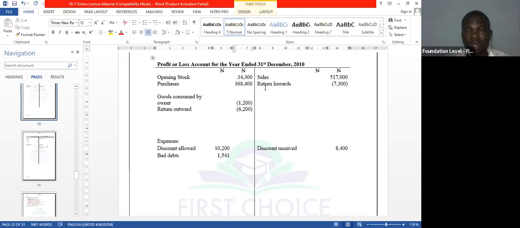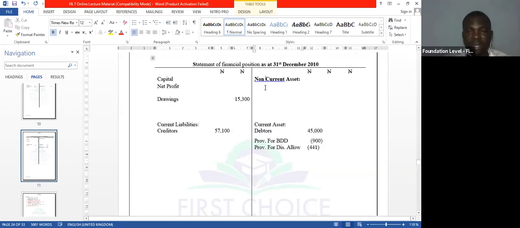So we put it under non-current assets. Let's call it freehold premises. The first thing we have here is cost, so we're going to put cost. What is the cost that we have in our trial balance? 46,000.